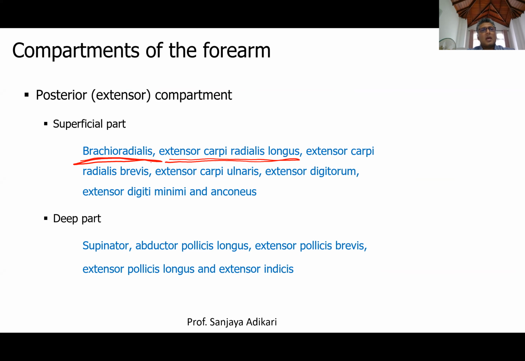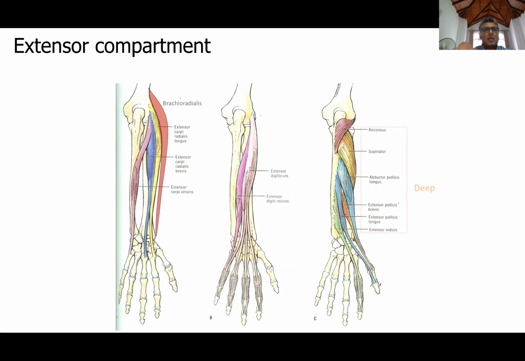That is one thing. The other thing is the brachioradialis muscle, which is this one. It is attached to the distal end of the radius here. Therefore, it has no action on the wrist joint. It cannot move the wrist joint. Its action is actually on the elbow joint. It is a flexor of the elbow joint, as well as a pronator and a supinator.